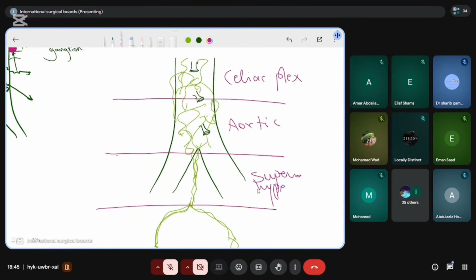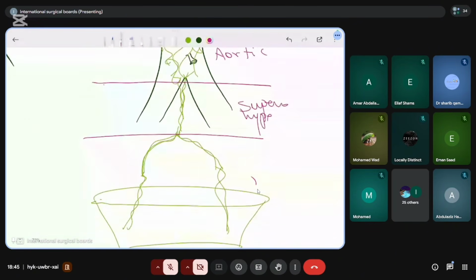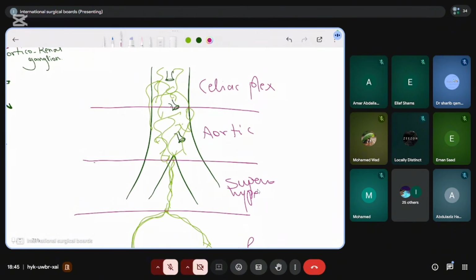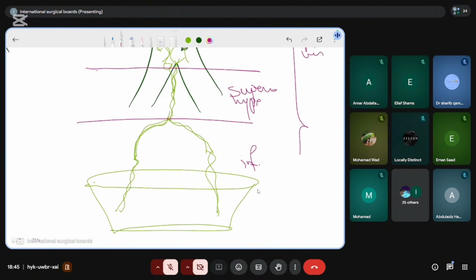In the pelvis, we call it the inferior hypogastric plexus. So all of this is called the prevertebral plexus, but it has subsidiary plexuses, right? We call them celiac, aortic, superior hypogastric, and inferior hypogastric.